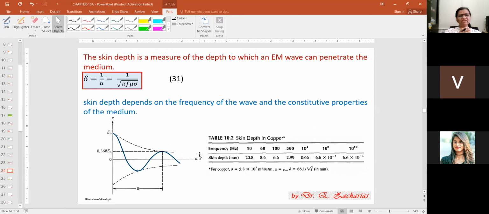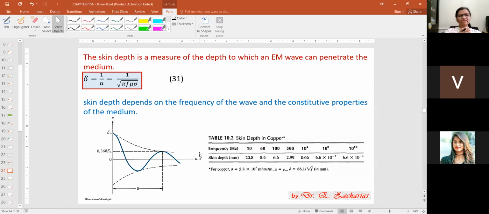Therefore, RAC will be, instead of L by sigma into S, where S was the total cross-sectional area for DC, L by sigma into delta W. Then you can combine these and show that RAC equals RS into L by W.